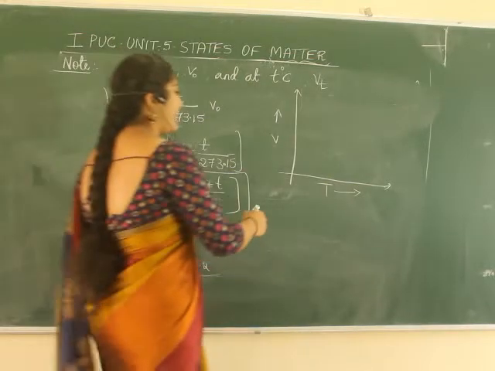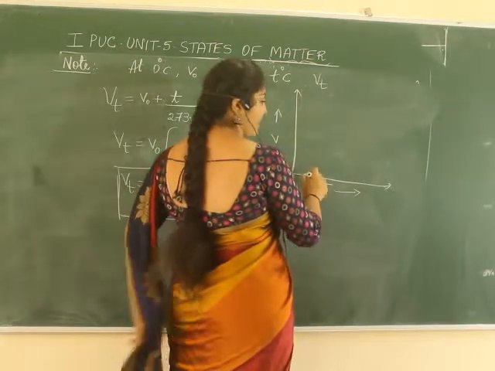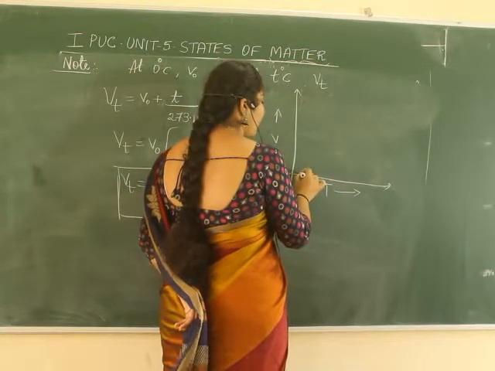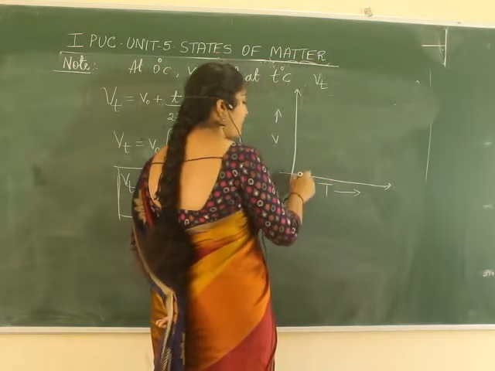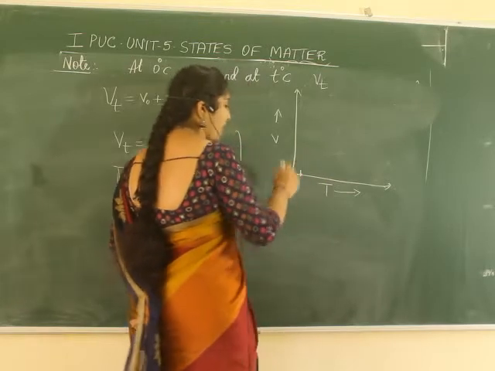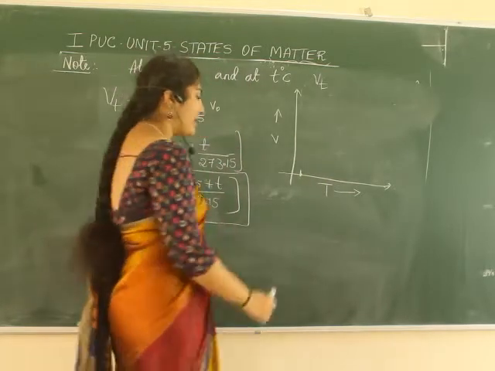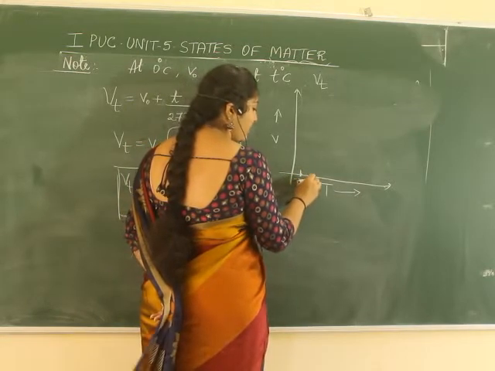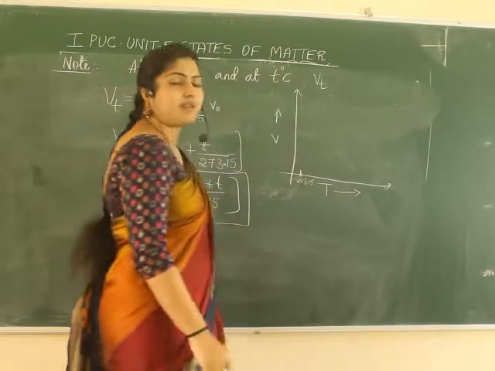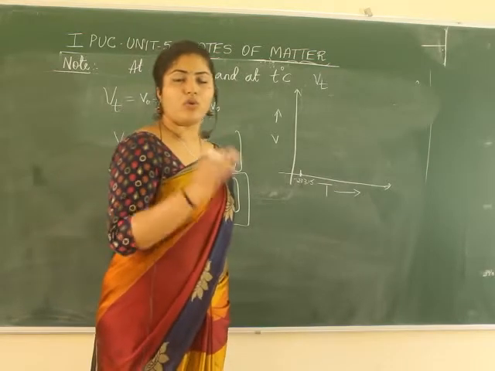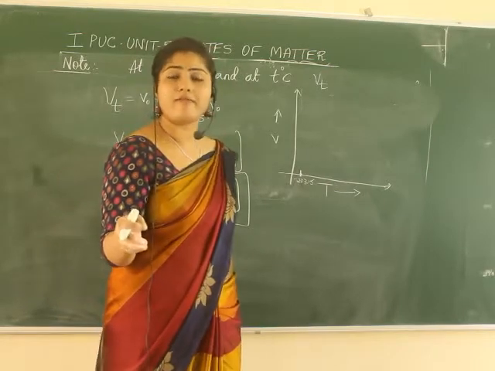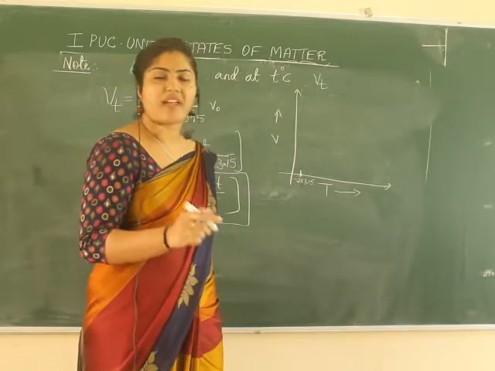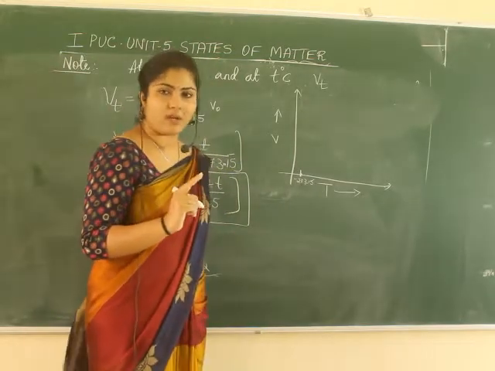When the graph is plotted, it is observed that the value starts from a particular point, which is minus 273.15. That means in Celsius scale we have 0, but here we don't have 0. Instead we have minus 273.15 as a starting point.